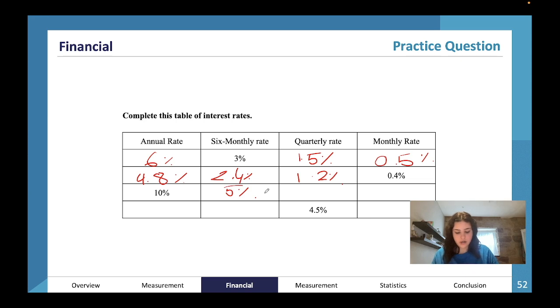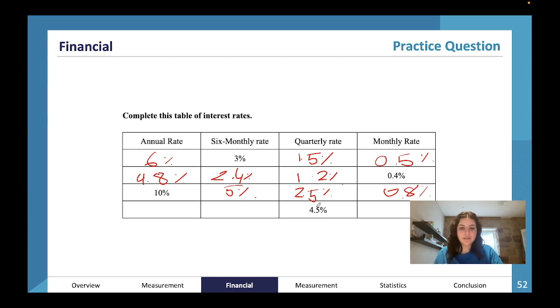We then need a quarter of our annual rate, so 10 divided by 4 quarters is 2.5%. And then we want a monthly rate, so we can do 10 divided by 12, and we get 0.8%.